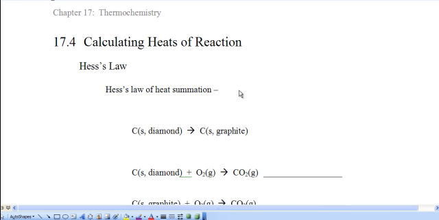So, here's the deal. Hess's law gives us a tool to manipulate equations to determine the energy changes indirectly.